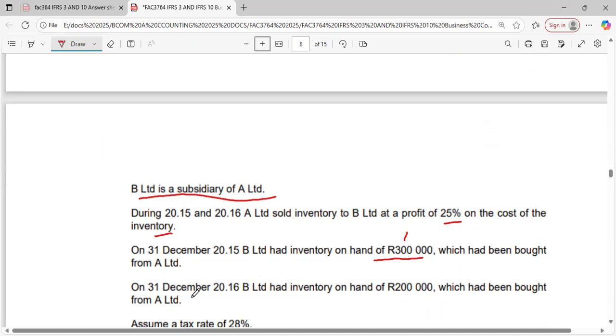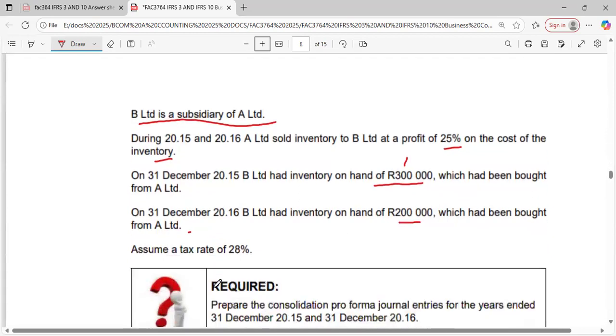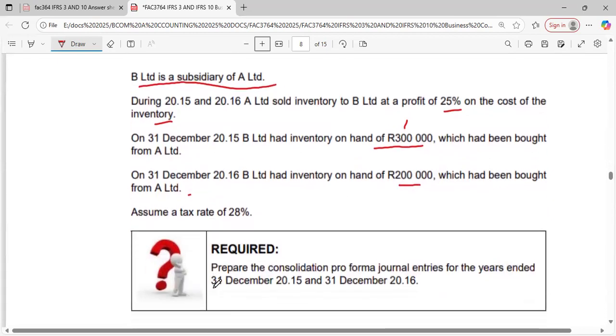Then they say on 31 December 2016, B Limited had inventory on hand of 200, which had been bought from A Limited. Assume a tax rate of 28%. Prepare the consolidation pro forma journal entries for the year ended 31 December 2015 and 31 December 2016.